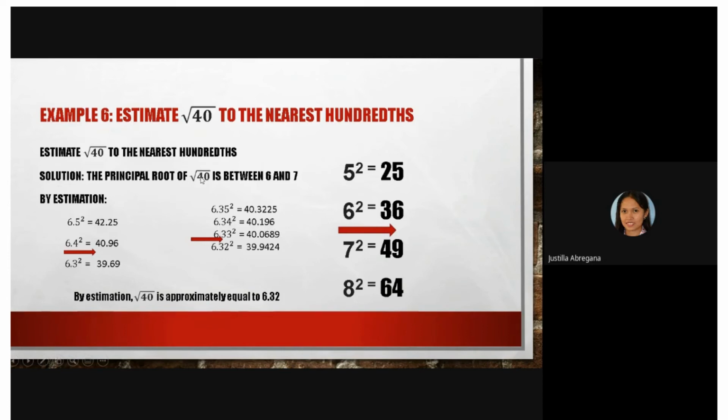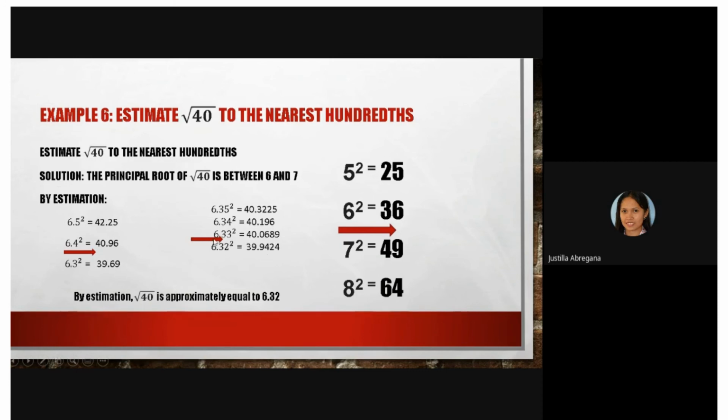Still bigger than 40. Let's try another lower number, 6.33 squared. So that is 40.0689. Still bigger than 40. So we'll try 6.32 squared. That is 39.9424. So this time it's lower than 40.